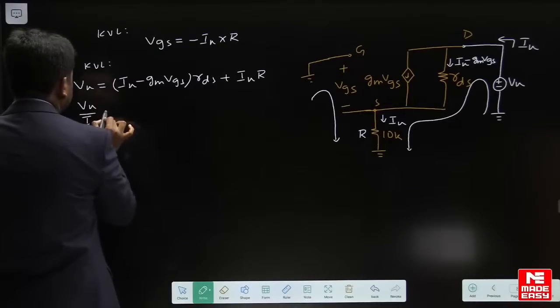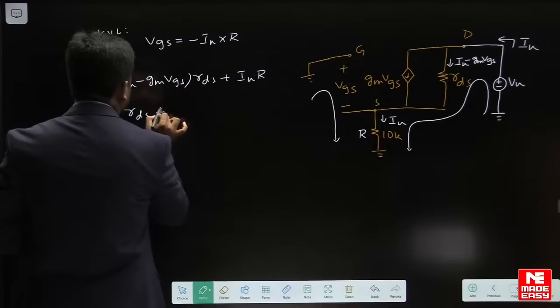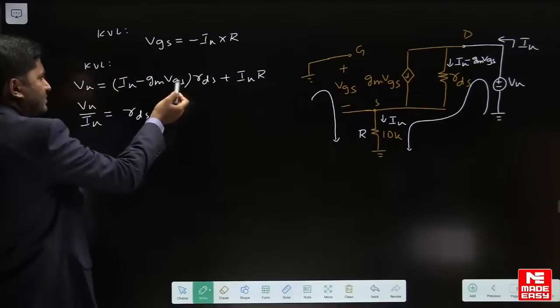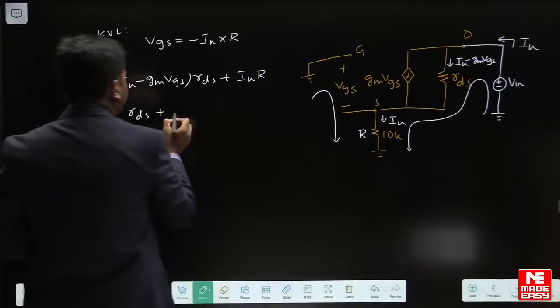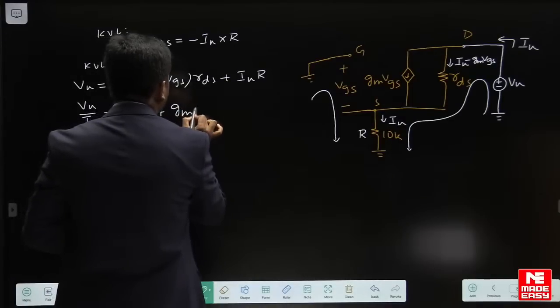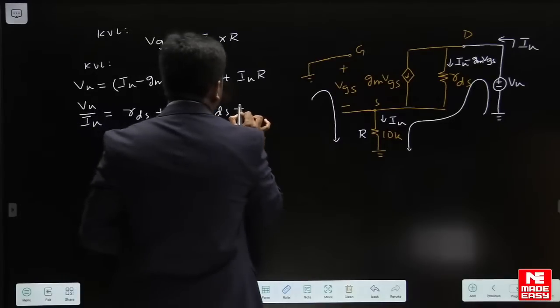Vx upon Ix is equal to RDS plus, I am putting VGS as minus Ix into R, minus into minus it will become plus. So it will be Gm into R into RDS, fine, and plus R.